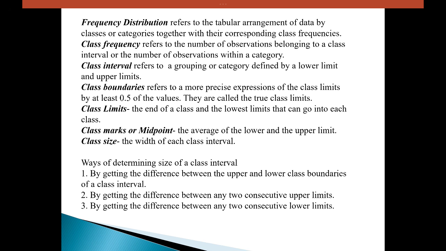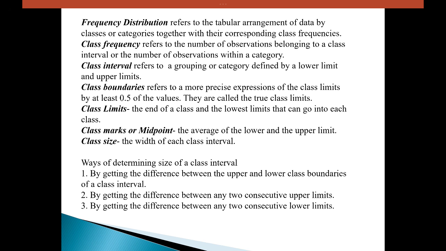Class limits are the lowest and highest values that can go into each class. Class mark, or midpoint, is the average of the lower and upper limit of each class interval. And of course the most important one is class size, the width of each class interval. You need to remember the class interval and class size because they define your table.